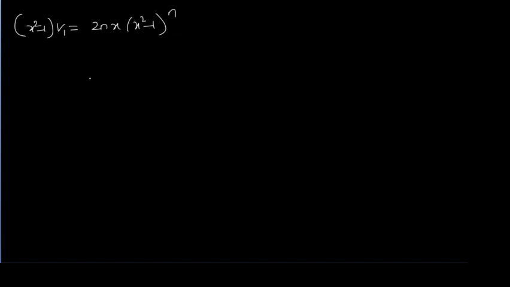In other words, we can write this one as, taking minus common, (1 minus x squared) into v1 is equal to 2nx into (x squared minus 1) whole raised to n.